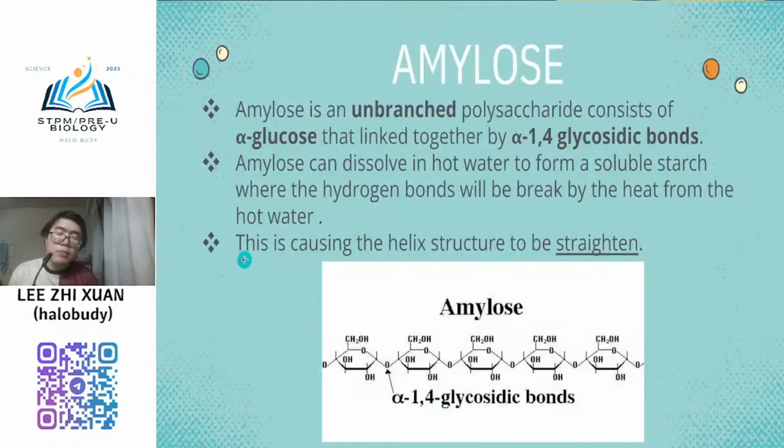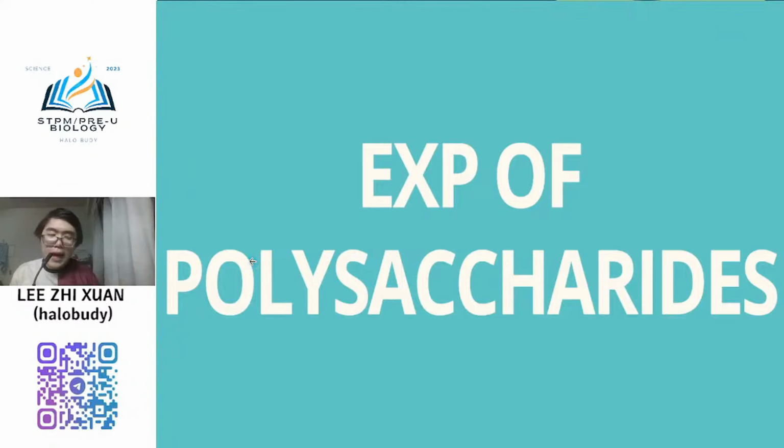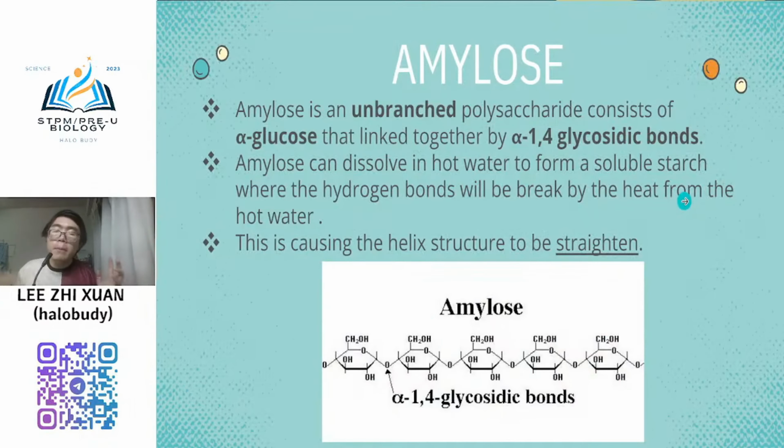Okay, so examples of the polysaccharide. As I mentioned before, you need to learn about starch, glycogen and cellulose. But before we go to it, we need to learn about the formation of the polysaccharide first.